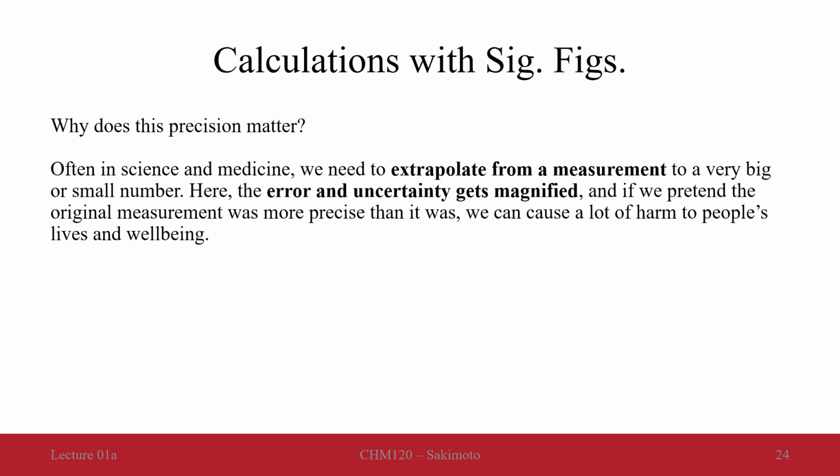In the same way that we extrapolated from one semester to the number of hours spent on the T, we have to make sure that when we do similar calculations, particularly for very big numbers and very small numbers, that we don't lose the error and uncertainty of the original measurement. That error or uncertainty gets magnified or propagated along with the rest of our calculations.